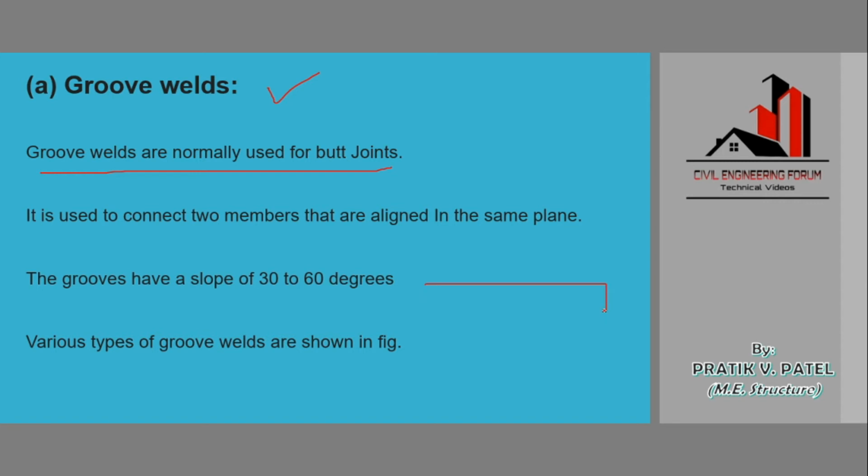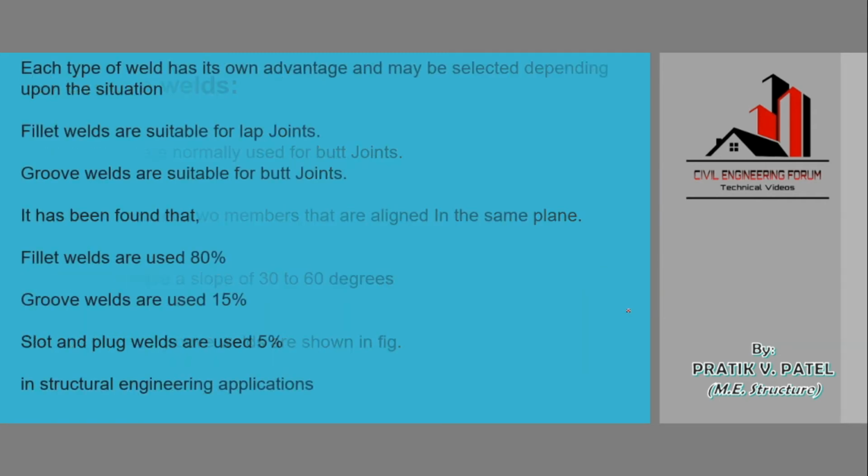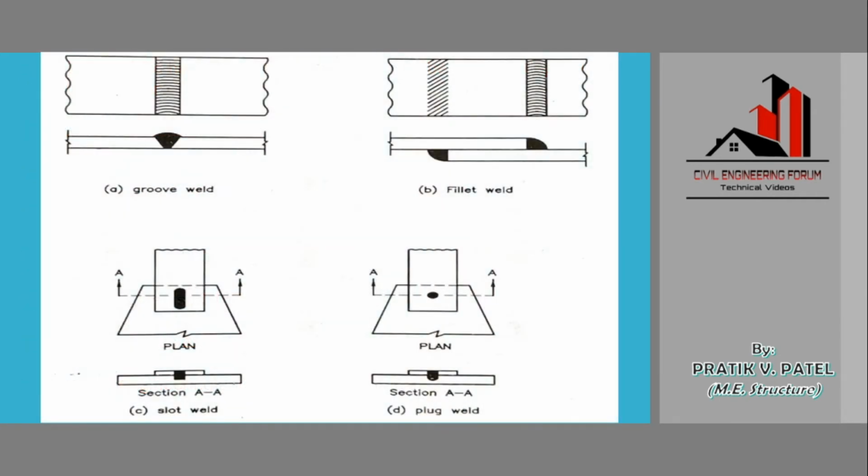As we saw here, these two members have been joined by a groove weld. Both these members are in the same plane. Line of action is same. The grooves have a slope of 30 to 60 degrees. This slope, if we talk about, let me show you the figure. This is about 30 to 60 degree slope. This angle we are talking about. Both of these angles.